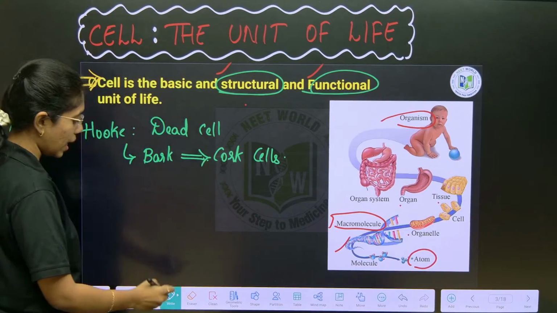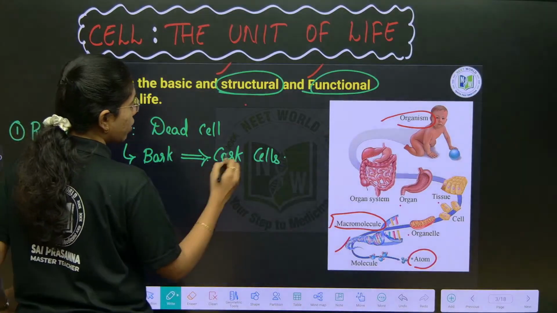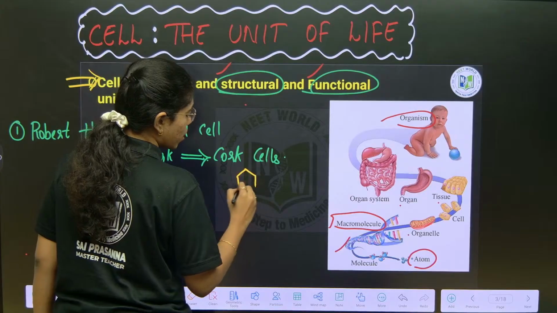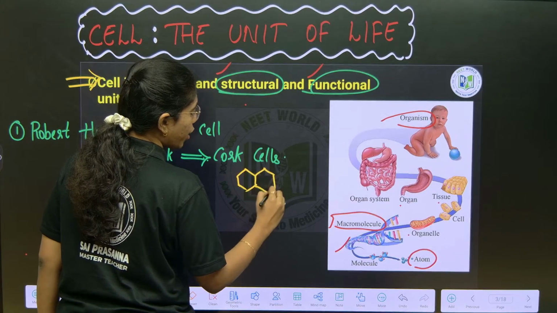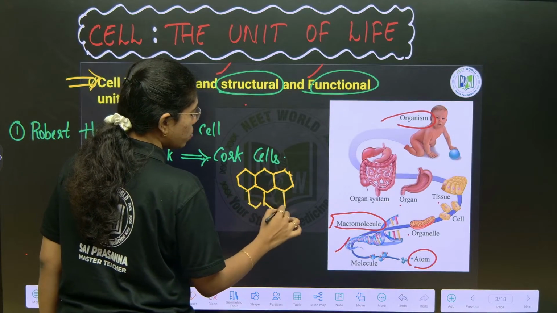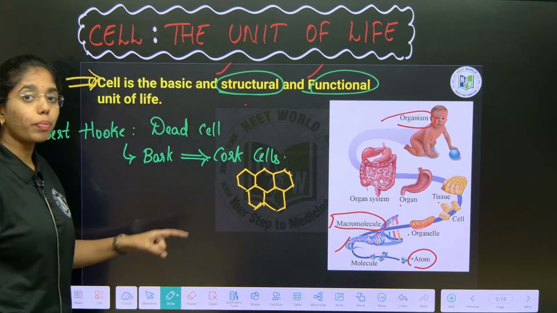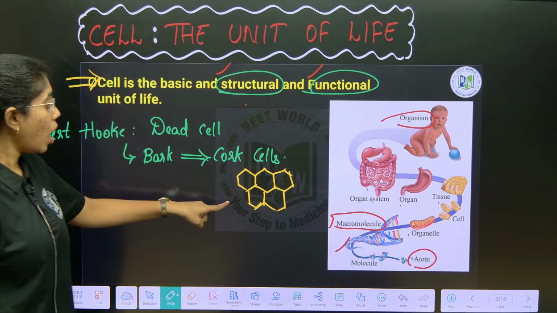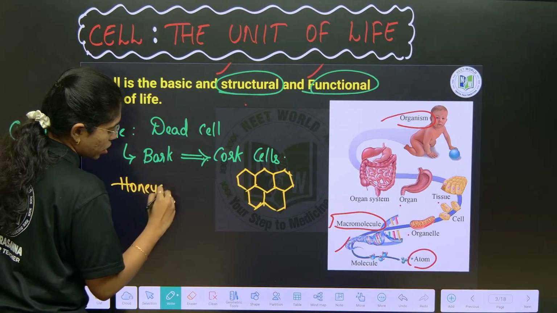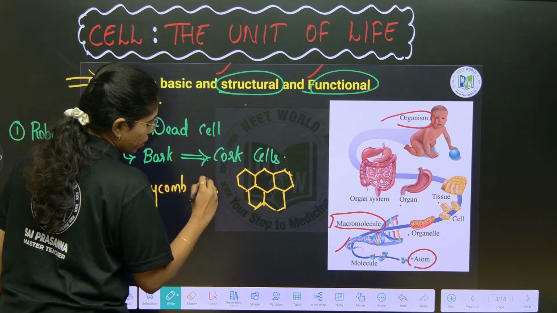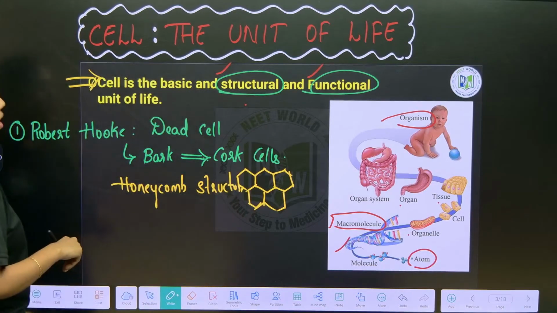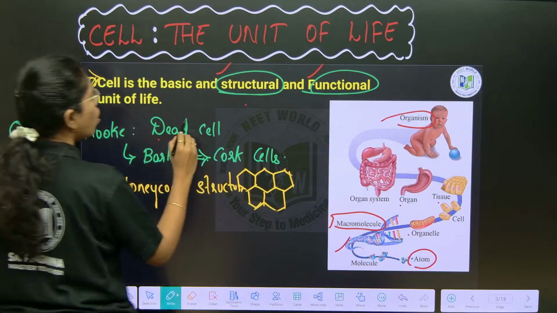From here he observed under the microscope hollow cell-like structures, just like honeycomb structures. As there is no protoplast inside the cells, it is a hollow honeycomb-like structure. These are addressed as dead cells, as there is no protoplast.